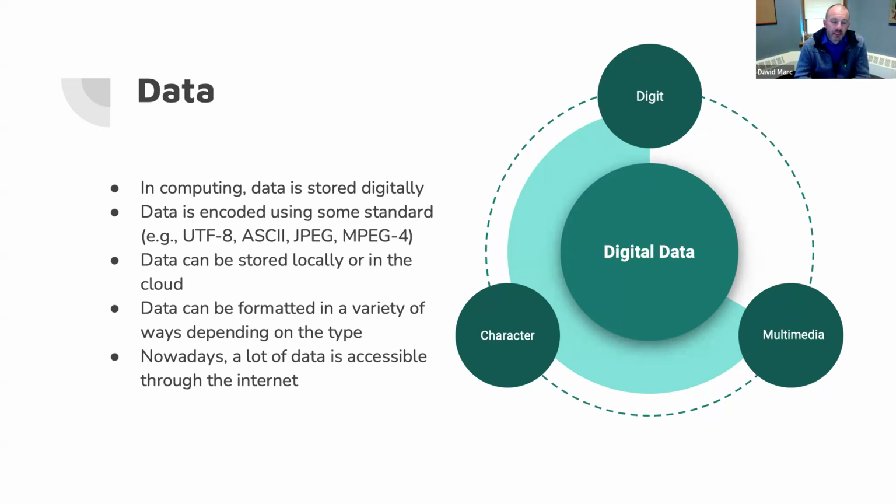And then you access that data through the internet. The data can be formatted in a variety of ways depending on the type. So you have CSV data, Excel data, DAT data, XML formats. There are many formats that data can take. And again, nowadays, a lot of that data can be accessed remotely through a connection to the internet.